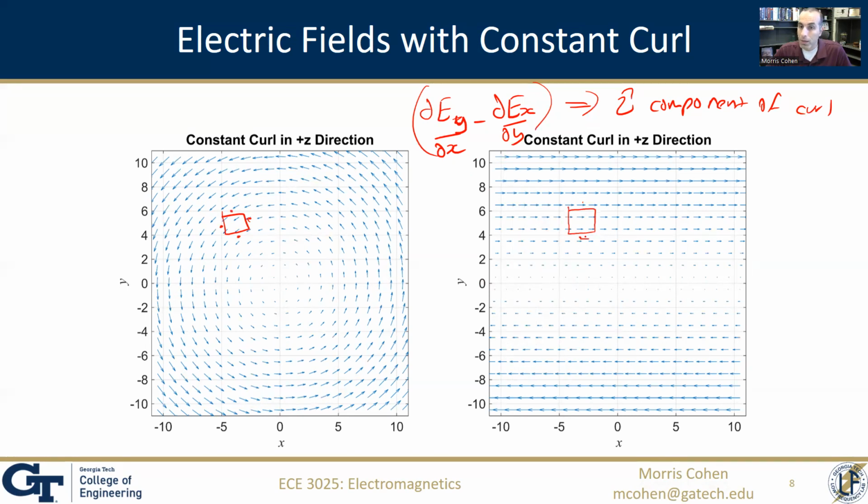Here I have a small positive electric field, and here I have a bigger positive electric field. So that implies dEx/dy is not equal to 0. But since dEy/dx does equal 0, that implies that we do have a constant curl that we can see right here.